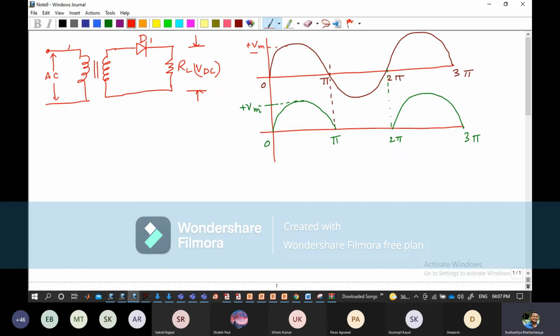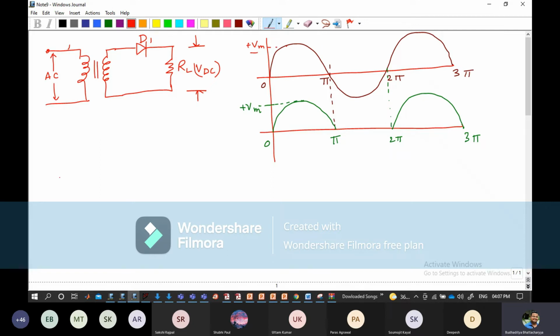Now let us find out some of the parameters that we can extract from this half wave rectification, because we are going to evaluate the same parameters for the full wave also, but that will be a little less time consuming because we are already establishing it in half wave. Remember that full wave is nothing but a double-sided half wave in a way. So it will be a little simpler in the case of full wave rectification.